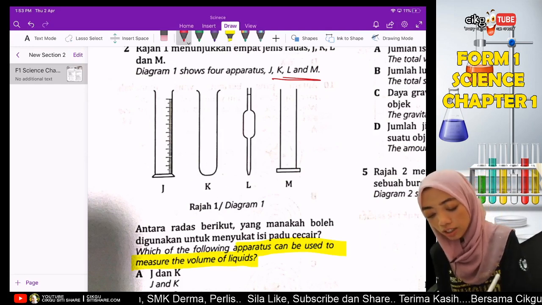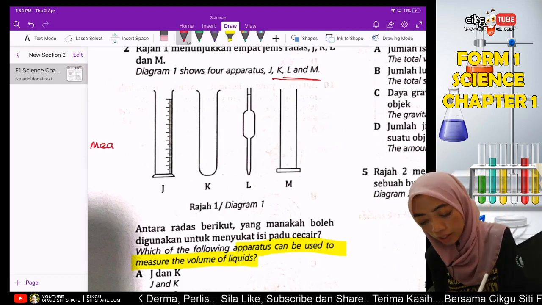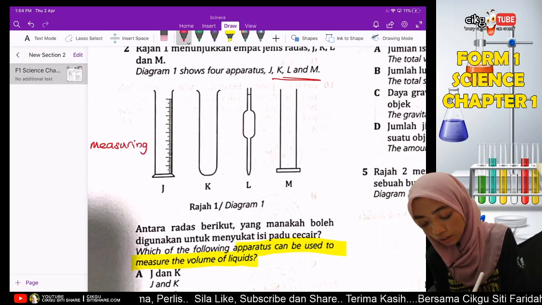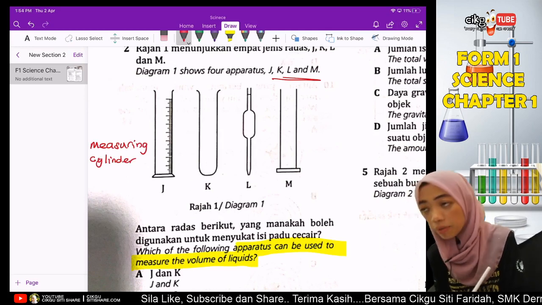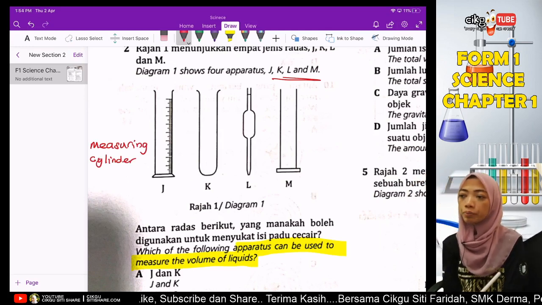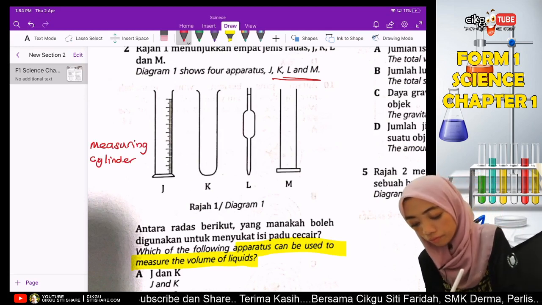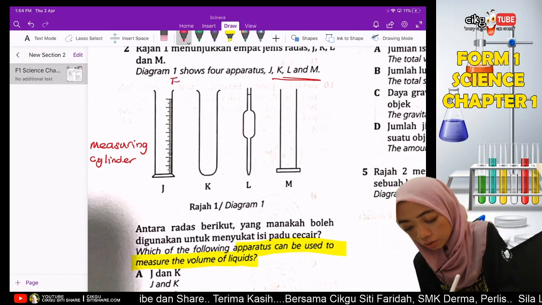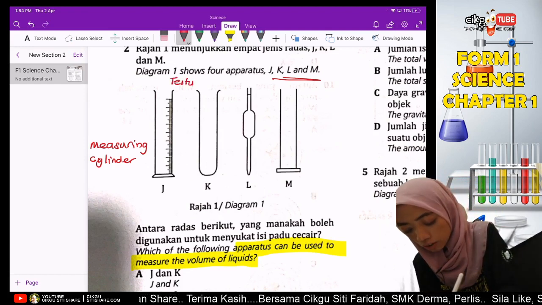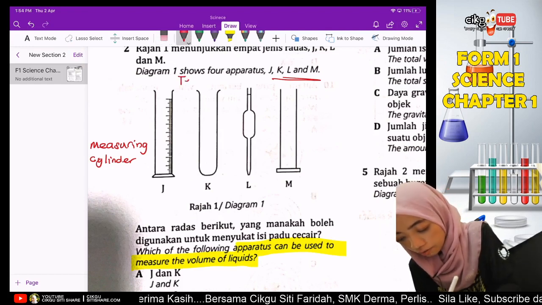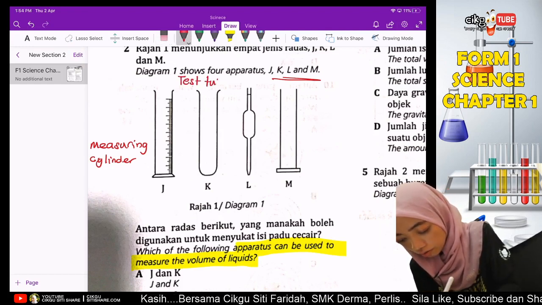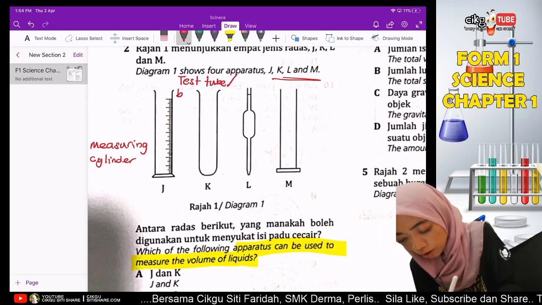So, J is measuring cylinder. K may be test tube or boiling tube. K is test tube. Or boiling tube.